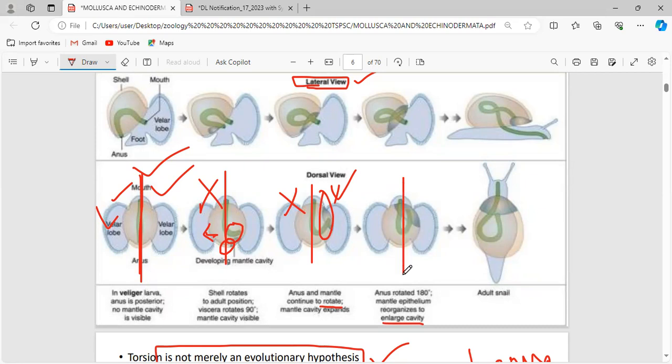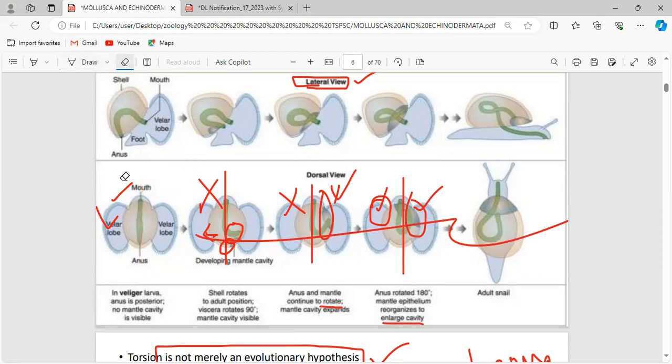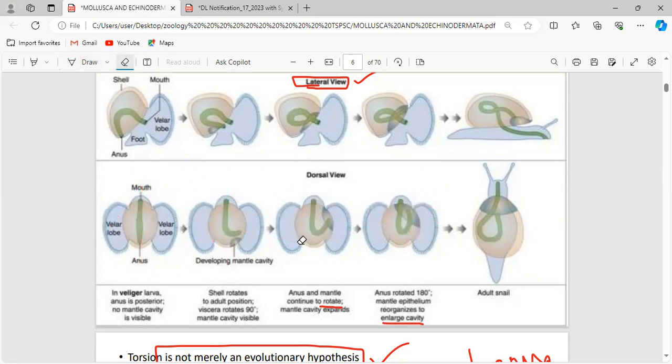Now, when we cut here, there is something on the right side, but no structure can be found on the left side. These are the differences between symmetrical and asymmetrical. Before torsion, the animal is symmetrical, and after torsion, do we find anything similar on this side and this side? No, there is no similarity. That is absence of symmetry, that is asymmetry. Clear?